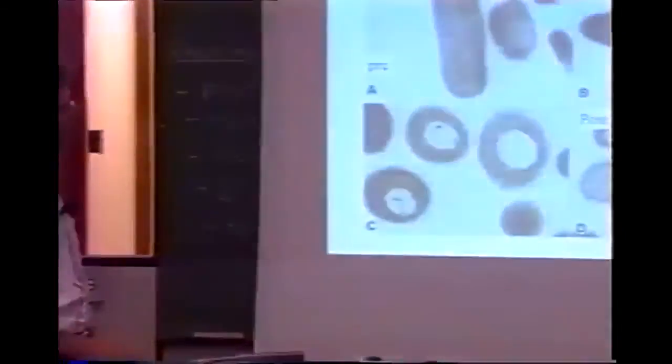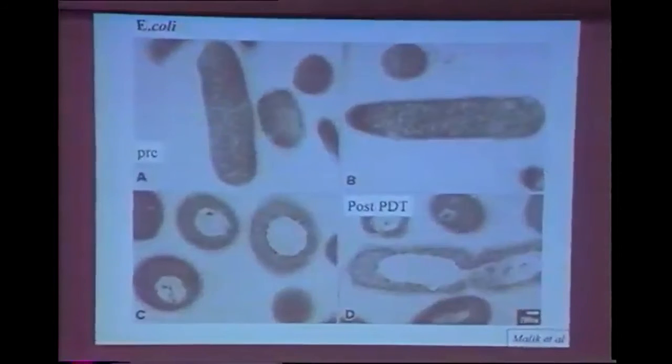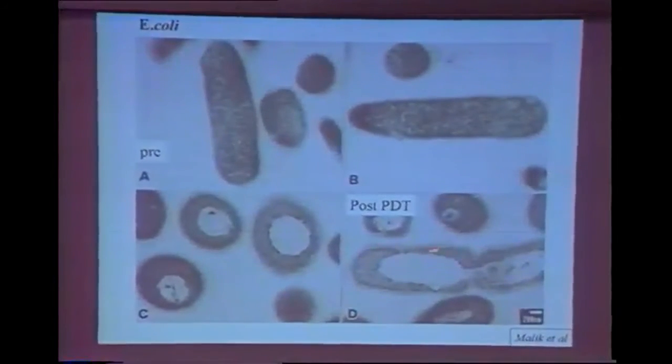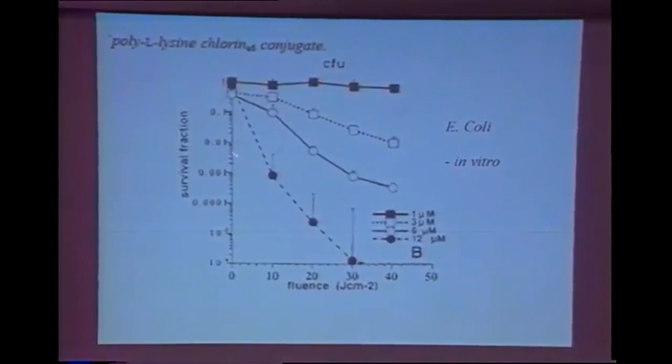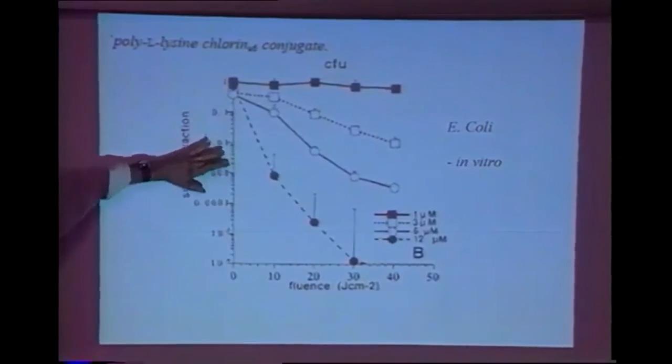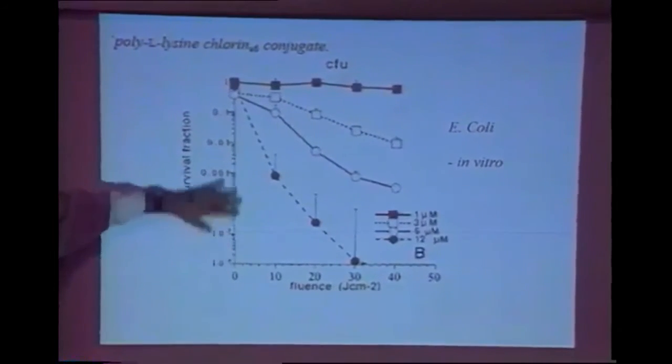This just shows bacteria pre and post. These are E. coli, and basically the bacteria break out. You can do cell survival curves with bacteria. And you notice people are looking at logs of cell survival here.